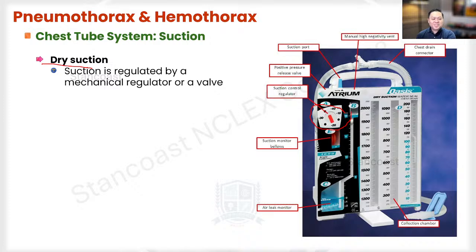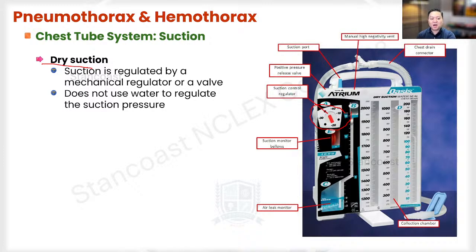Now, what's the benefit of using the dry suction type? Well, it doesn't require water, and it doesn't really require you to keep checking every 1 to 2 hours just to look into the water level. And what you're gonna do here instead is to regularly check the mechanical regulator. And again, it will be according to what has been ordered by the medical provider. It could range somewhere between -10 to -40.